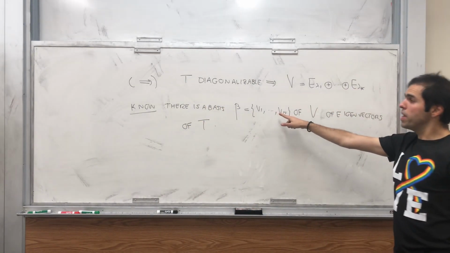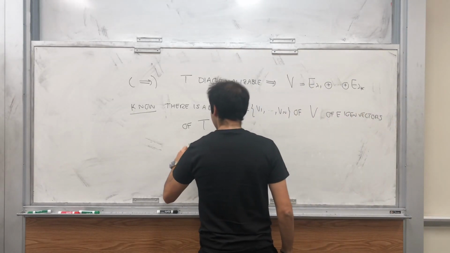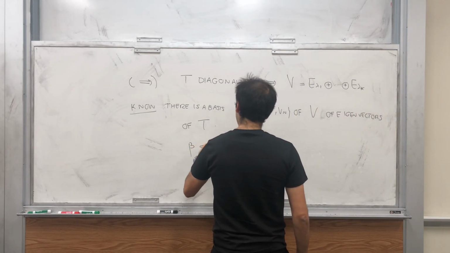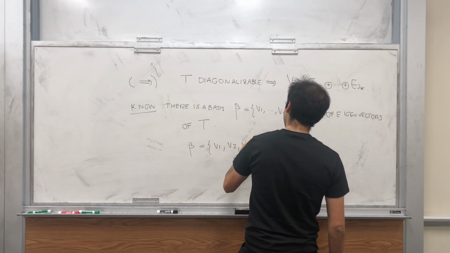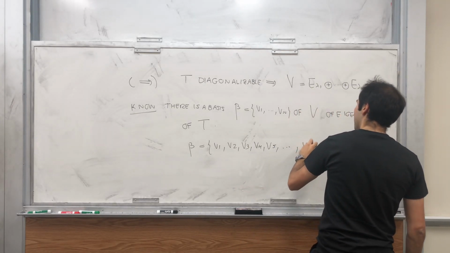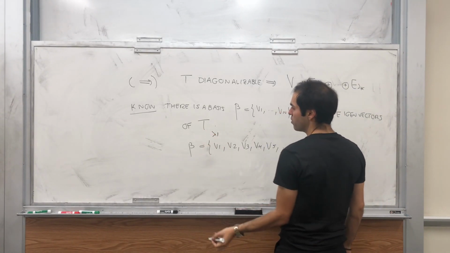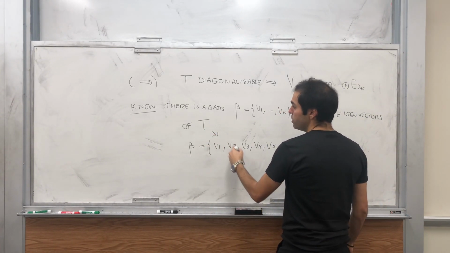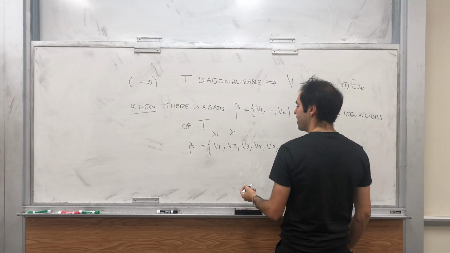But here's the main problem. This basis itself is kind of jumbled up. So beta might look like v1, v2, v3, v4, v5, up to vn. You'll see why I'm doing that. Now look, the first one might correspond to the first eigenvalue. v2, it's possible that it also corresponds to the first eigenvalue.